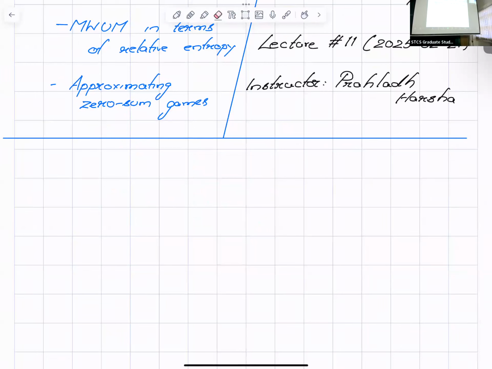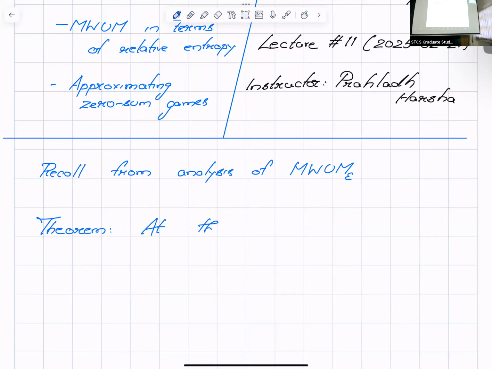The following statement also follows from one, at the end of T steps.